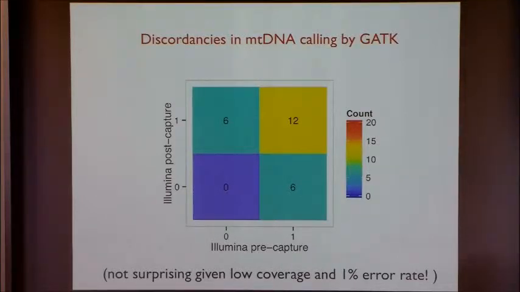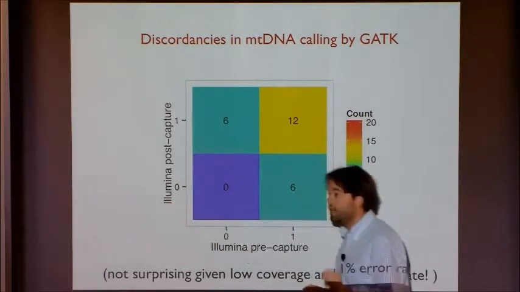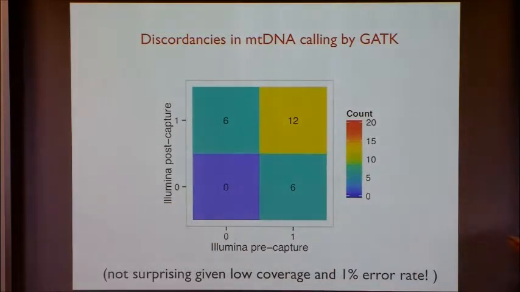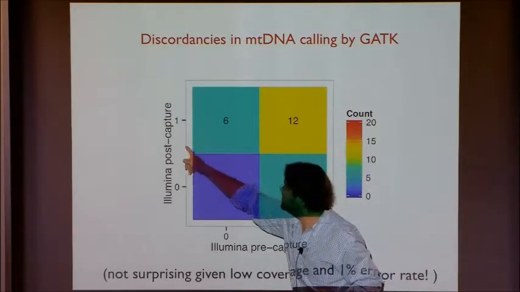Okay. Now here is some of the things we're now burrowing into. If you think about the pre- and post-capture library and what you've run, this is for the mito in particular. Because it's still low coverage genome sequencing, there's not a spectacular concordance. There are about 24 variants that get called. 12 of those get called as non-reference in both.